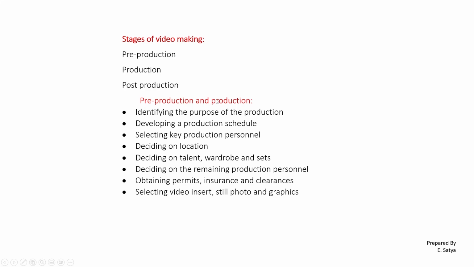In pre-production and production, we identify the purpose of the production, develop a production schedule, select key production personnel, decide on location, talent, wardrobe and sets, decide on the remaining production personnel, obtain permits, insurance and clearances, and select video inserts, still photos and graphics.